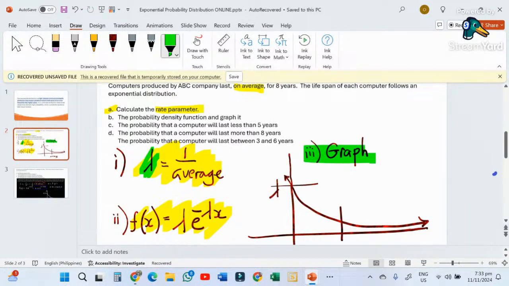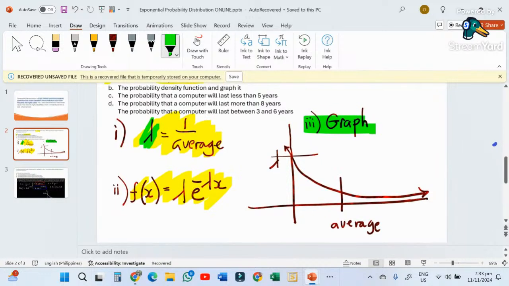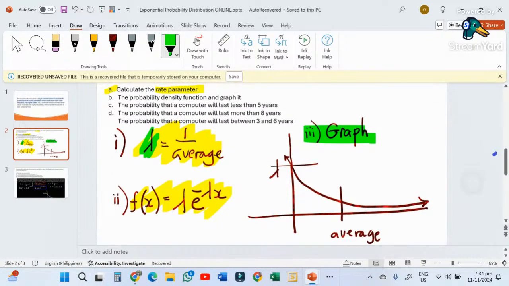The lambda is always the reciprocal of the average. And then you have to subject it through a formula as well, right? So that's all you need to do in exponential distribution.